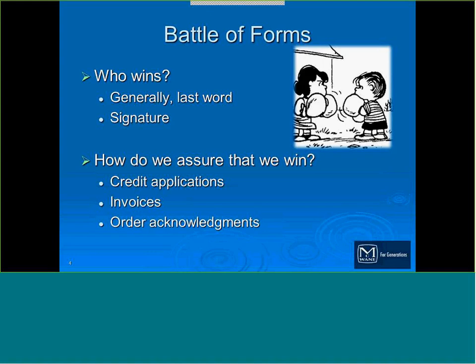We've recently been including some for at least one division in some email order acknowledgments because there was no formal order acknowledgment at the time before we would begin performance. So these are all ways that we try to make sure that we win the battle of forms and our terms and conditions govern those contracts.